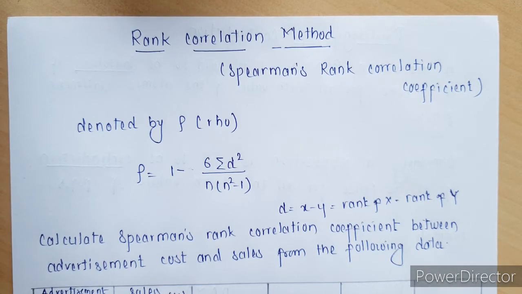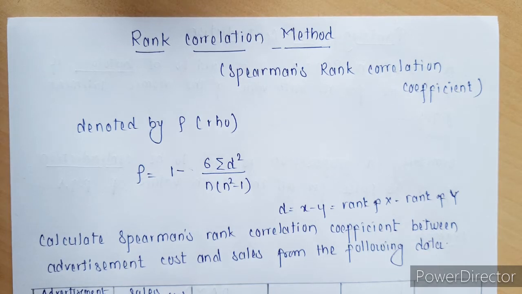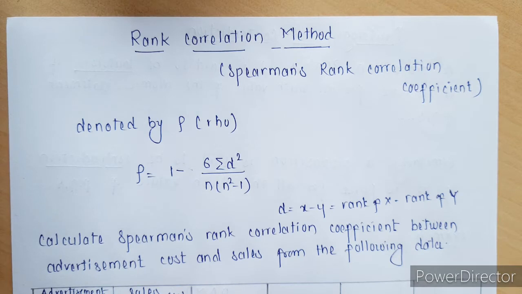Now, in the rank correlation method, or Spearman's rank correlation coefficient, again we are going to find the relation between variable x and variable y. But this method is used whenever we don't have quantitative data. For example, suppose you are comparing beauty, or comparing beauty with intelligence.